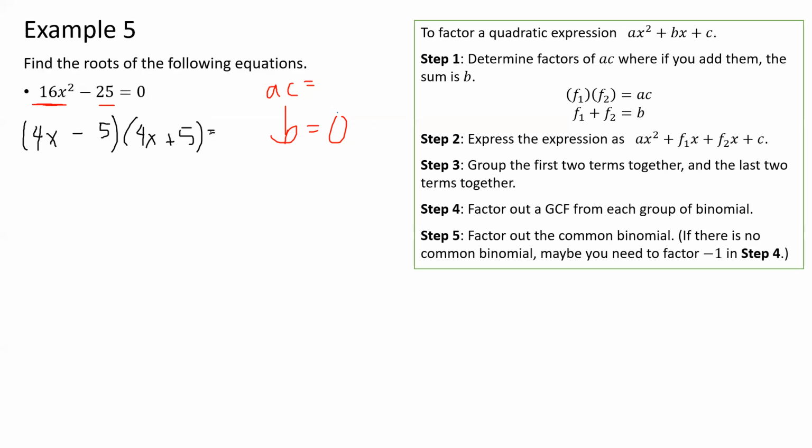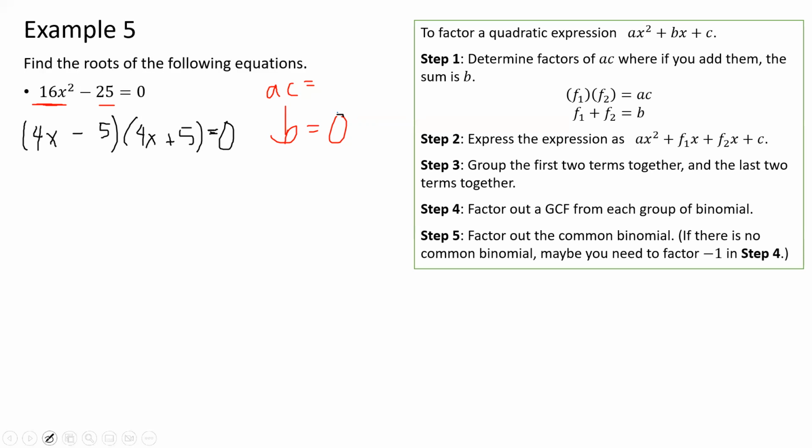So that is how we factor those when B is equal to 0. There's no need to determine AC. You can also try, and that still works. But here, we don't need to do all of that. We can just factor it out as 4x minus 5 times 4x plus 5.